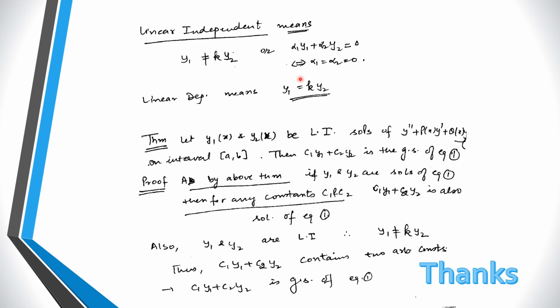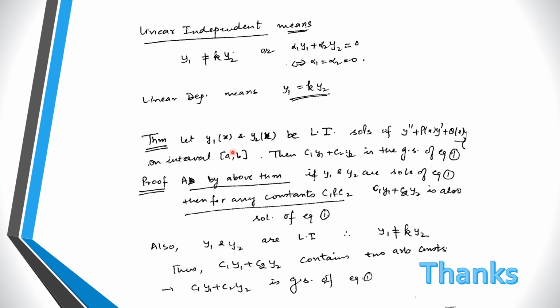Now by using the above theorem, we already know that if y1 and y2 are solutions of equation 1, then their linear combination is also a solution. This solution has arbitrary constants c1 and c2.